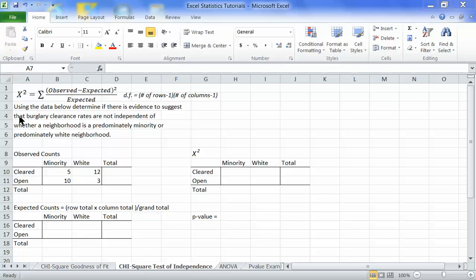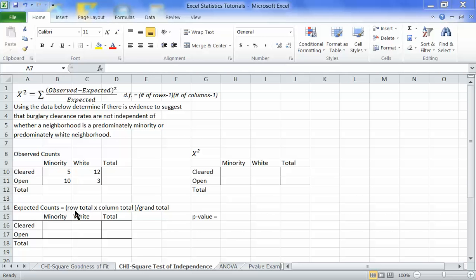In this example, it asks us to use the data below to determine if there's evidence to suggest that burglary clearance rates are not independent of whether a neighborhood is predominantly minority or predominantly white.